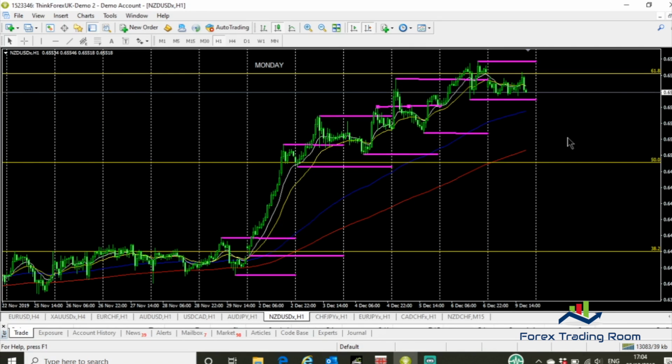If we go back to the very start of the strategy, like we showed in our previous video, what we like to do is on a Friday here, we've marked off our previous day's high and previous day's low. And then the following day, on the Monday, as you can see, we're looking for a break of this level, a retracement to the level, and then a continued move up.